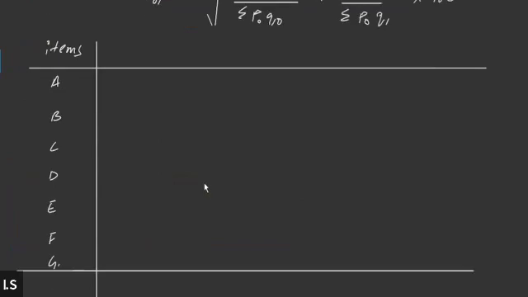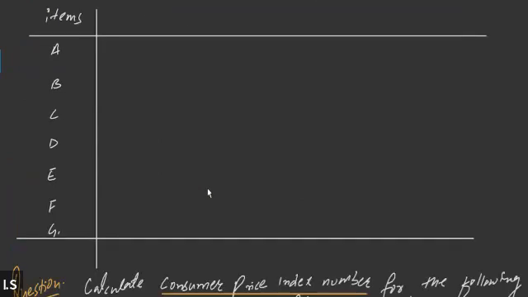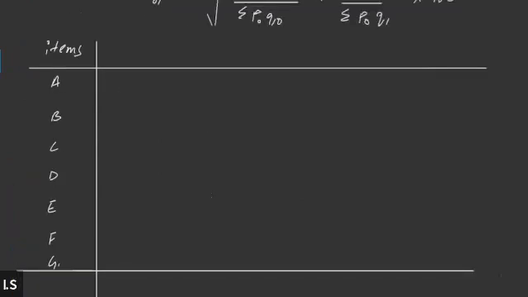Okay, so first thing is that you will have to make a table again, and in this table, since we want to find out the P1 Q0 first, we will be making a column for P1 Q0.